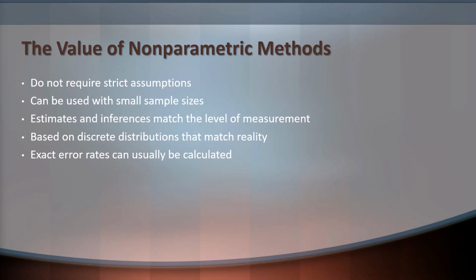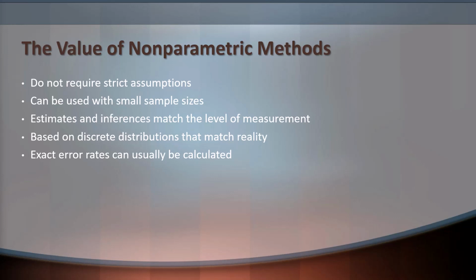Well, if you're not really using a continuous distribution, and if the underlying distribution is not really normal but an approximation, then you're in fact calculating an approximate critical value that corresponds to an approximate error rate. But with nonparametric methods, many times we can calculate exact error rates. They are not approximate.